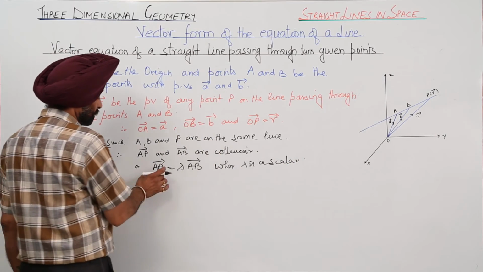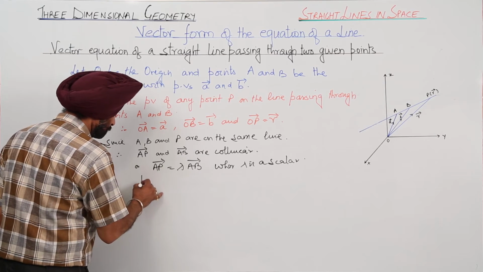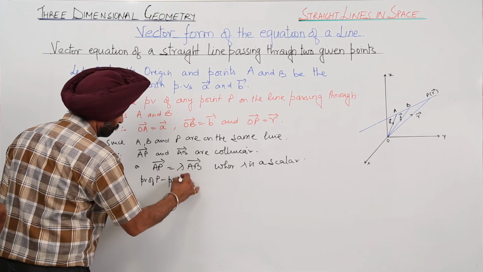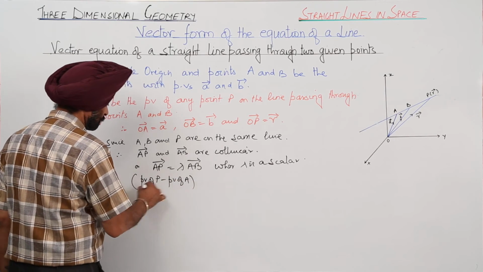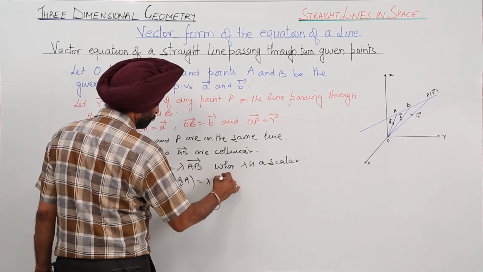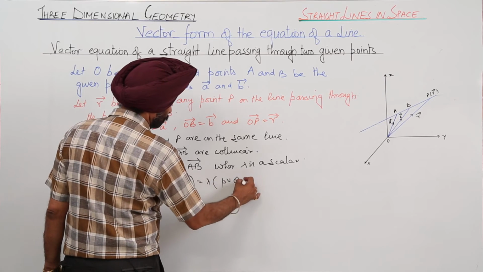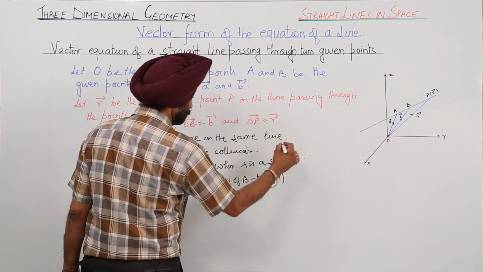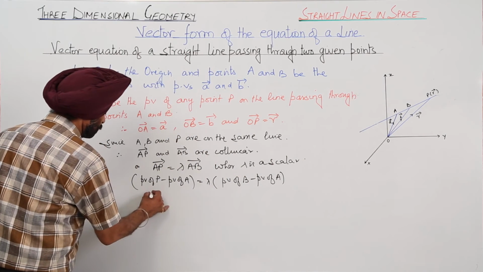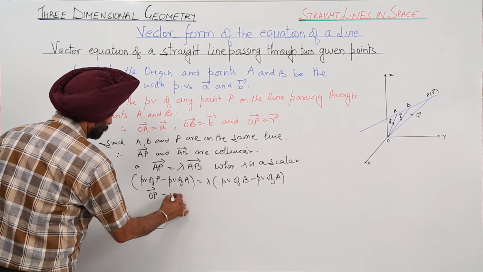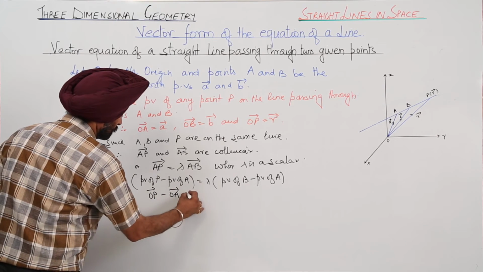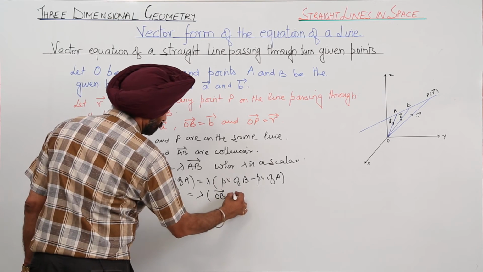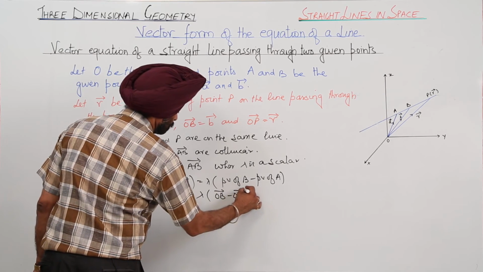Now, representing AP, this becomes position vector of P minus position vector of A is equal to lambda with position vector of B minus position vector of A. Now, this becomes vector OP minus vector OA is equal to lambda vector OB minus vector OA.